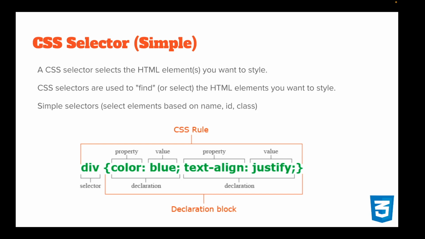The name of the element is pretty straightforward. That's the name of the tag. If you are working with an input element, the name of the element is input. It's literally the name of the tag. For H1, the name of the tag is just H1. That's pretty simple. But it comes with a disadvantage, because if you target an element by name, all those elements will be styled the same way.